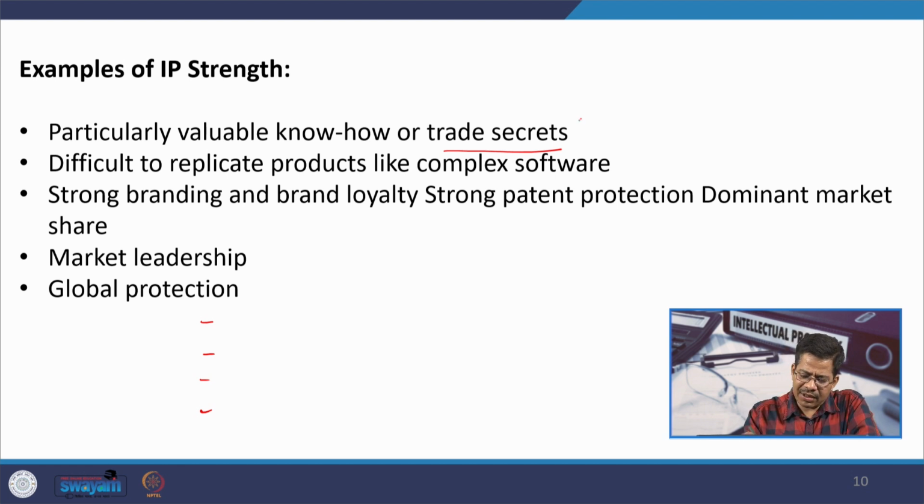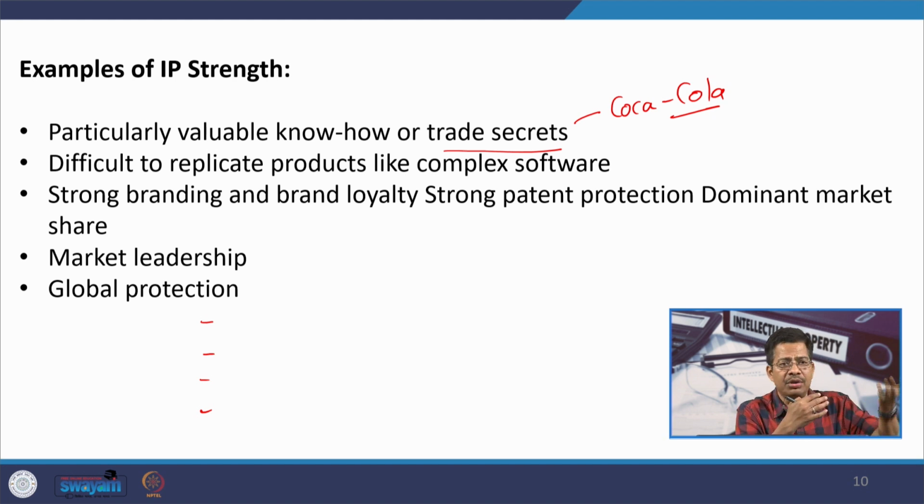Whenever trade secret comes up, we always remember a name like Coca-Cola. That is one of the strengths of their IP portfolio, that the syrup used in making Coca-Cola is protected under trade secret. So, that is their IP strength, and because of which Coca-Cola is Coca-Cola.